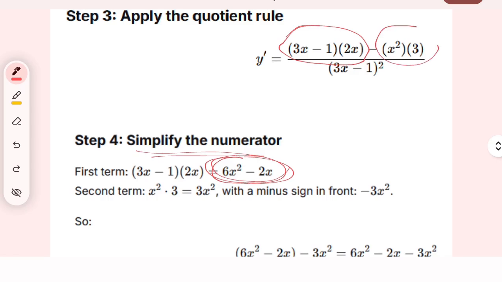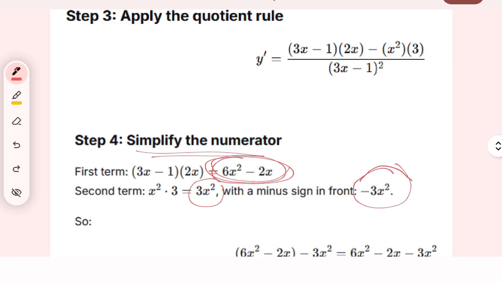Next, we multiply the second part, which is x squared times 3. There is a negative sign in front of it, so the answer is negative 3x squared.